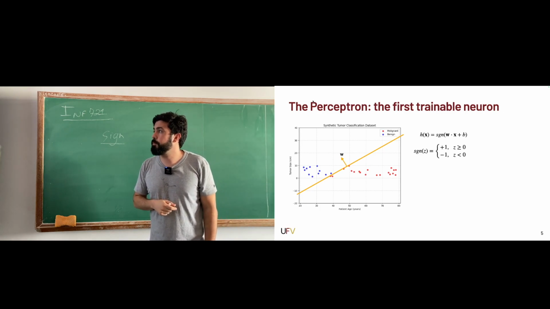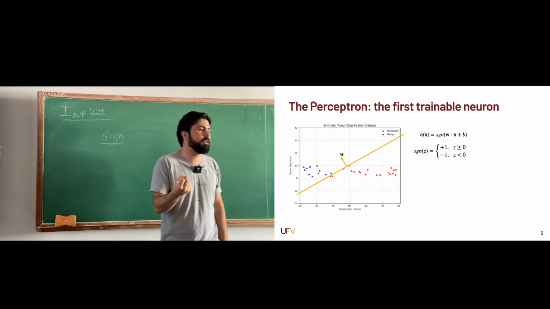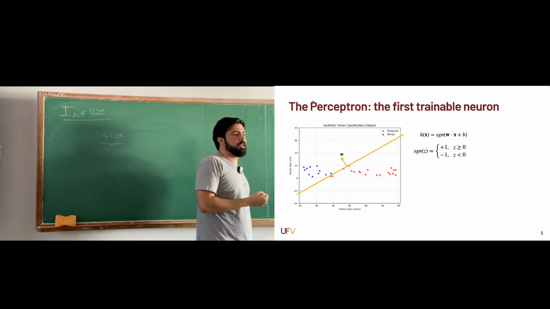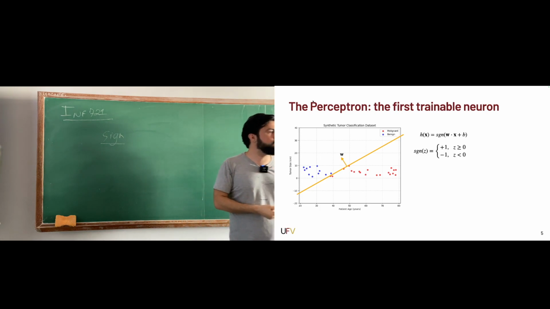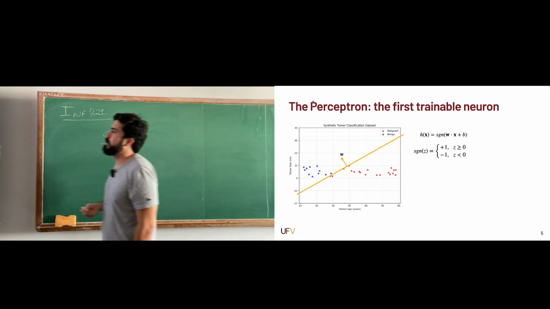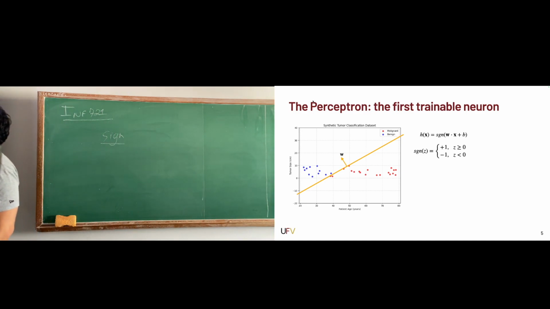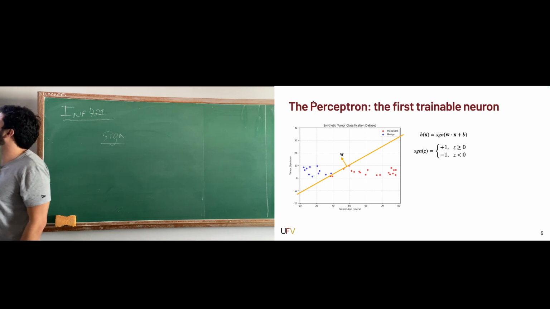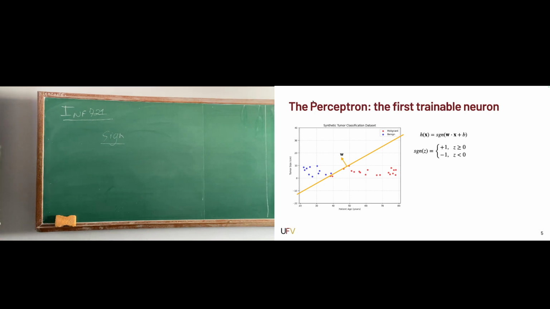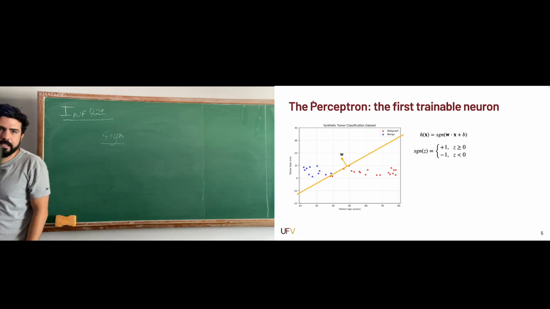Basically it takes a real number and maps it either to +1 or -1. The way you can interpret this is, if your z value is greater than 0, it means any point that is above the line.